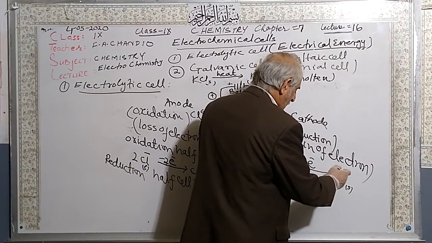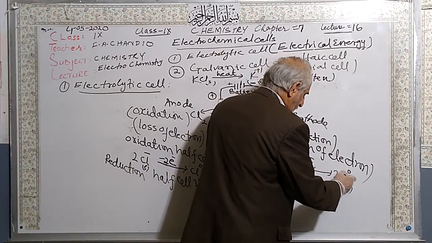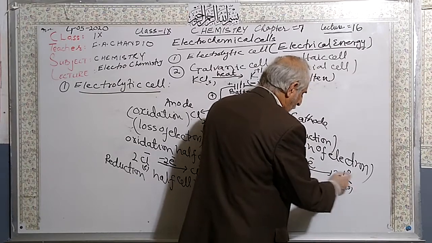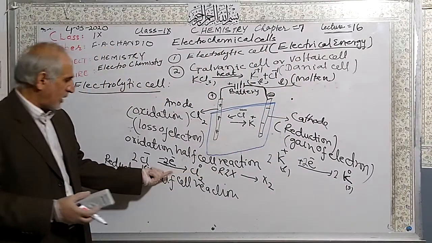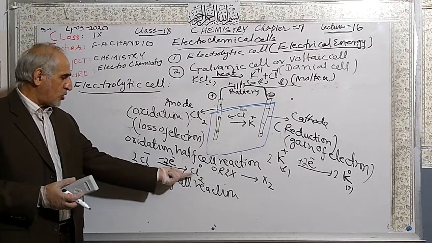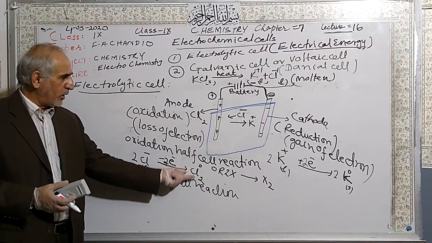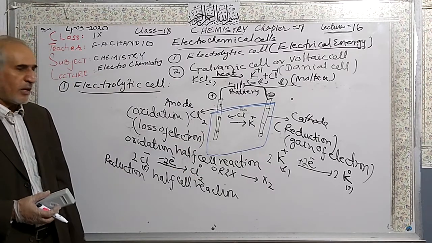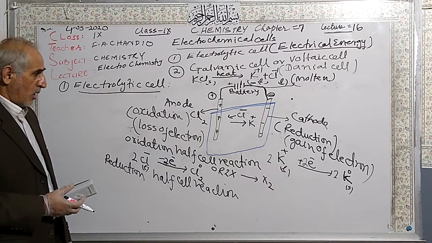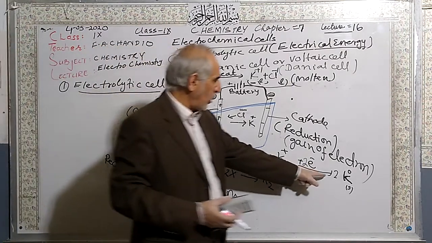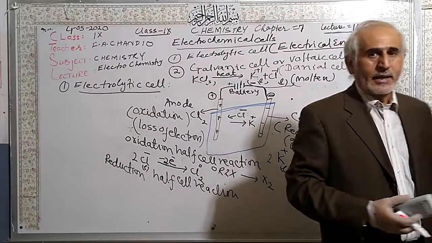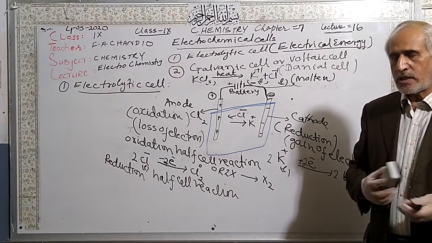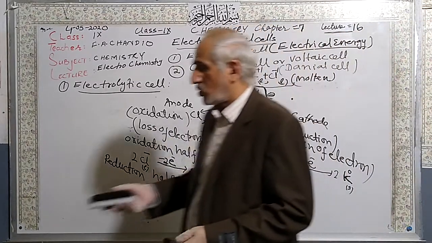Potassium could be written in atomic form, but as I told you, because the two electrons should be equal, I must write chlorine in molecular form. That's why I multiply by 2, otherwise there is no need for this. So the potassium is going to be formed and you can collect it, and students, potassium is more reactive than sodium.